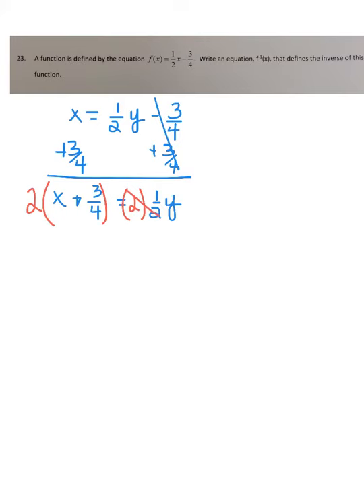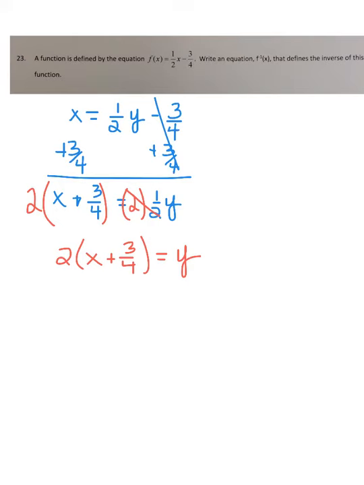Okay, so then on the left-hand side, we could just leave it, couldn't we? 2 times (x plus 3/4) equals y. Right? We can distribute it through if you so choose. That's completely up to you. You don't need to. But before I do, I'll show you how to distribute it through if you want to.